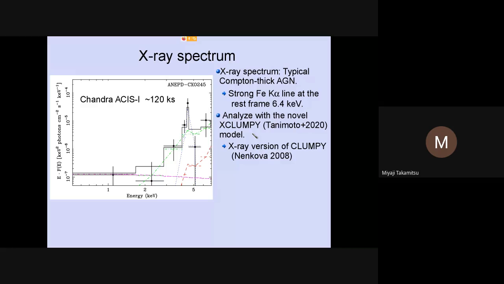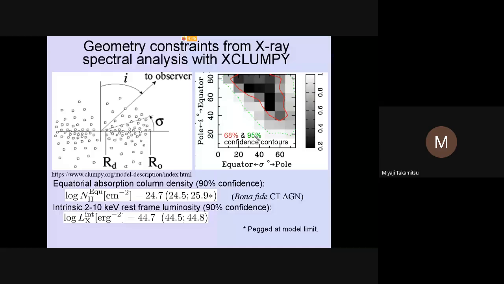And this is the constraint that we get. The particularly interesting part is the constraint on the geometry, the viewing angle and the torus height. Still, this is a kind of loose constraint.